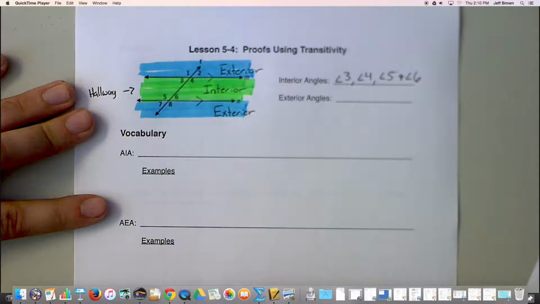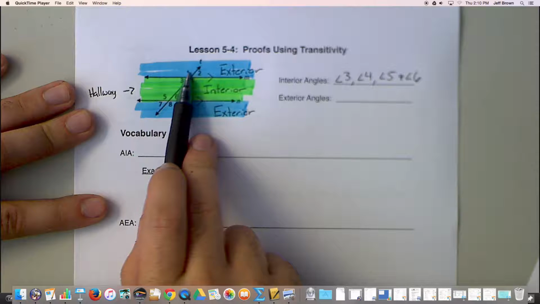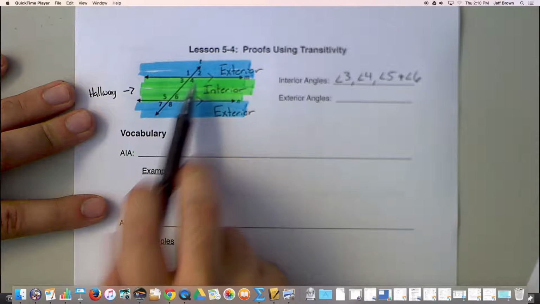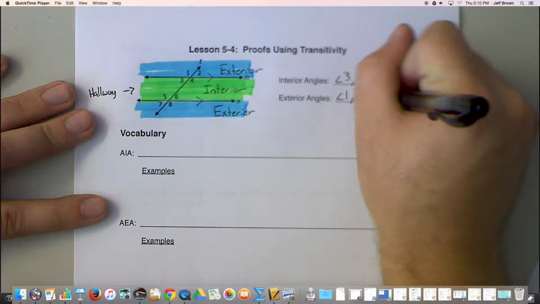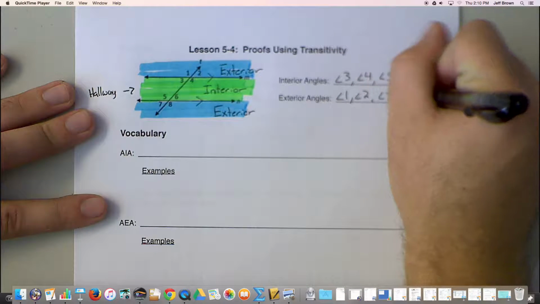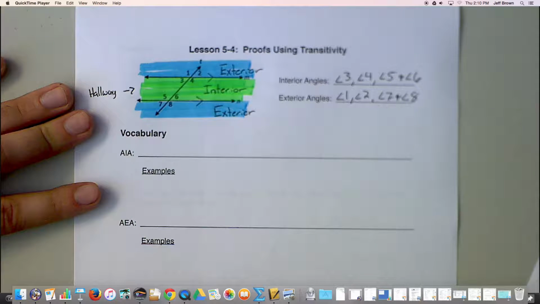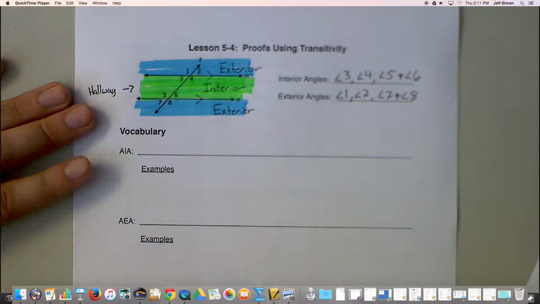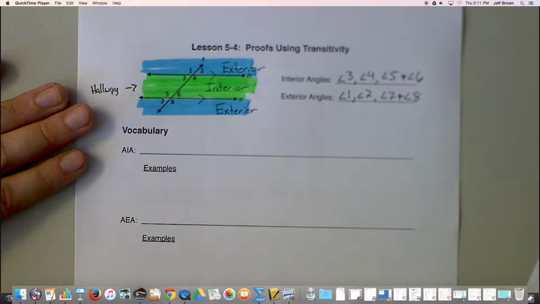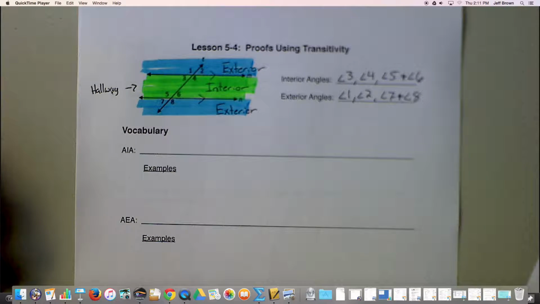Our exterior angles are the other ones: angle 1, angle 2, angle 7, and angle 8. This is just naming these angles. We don't necessarily know anything about them yet. We're going to get to that in just a second. Right now, we just know that they're either interior angles or exterior angles.